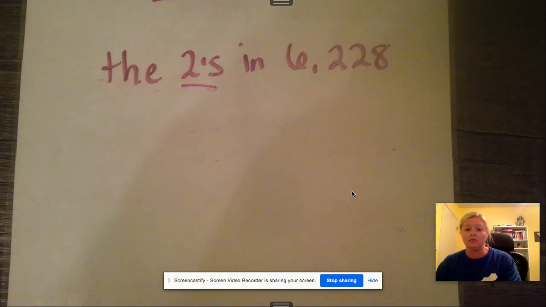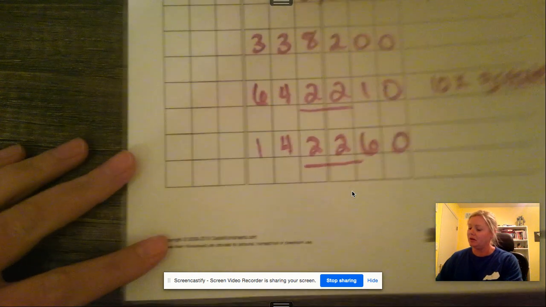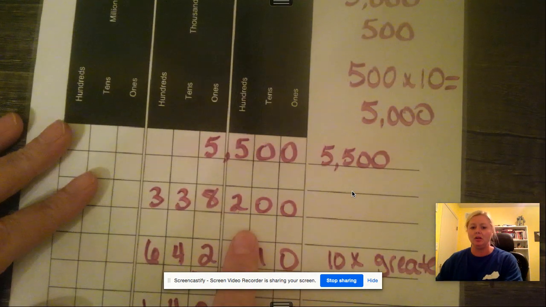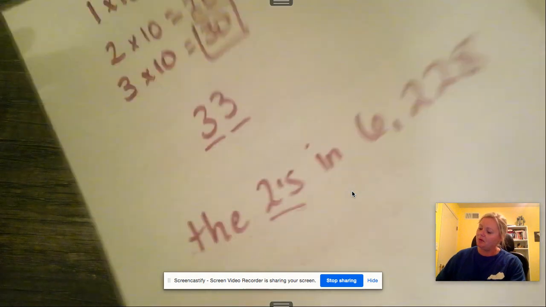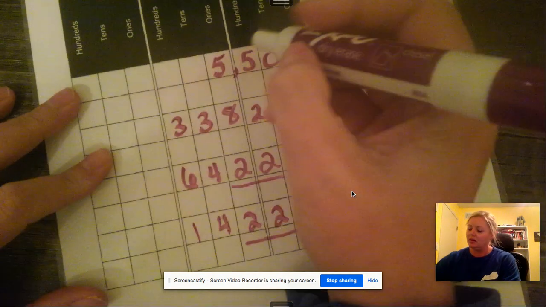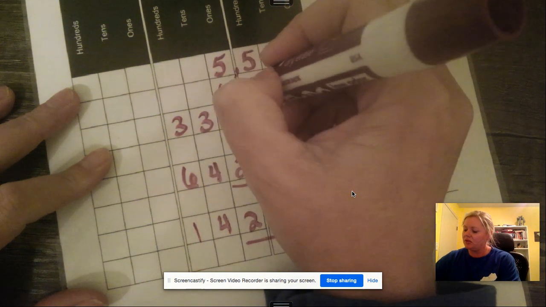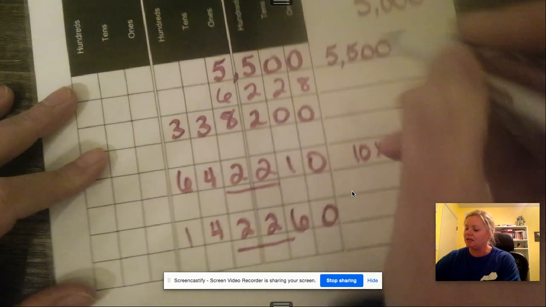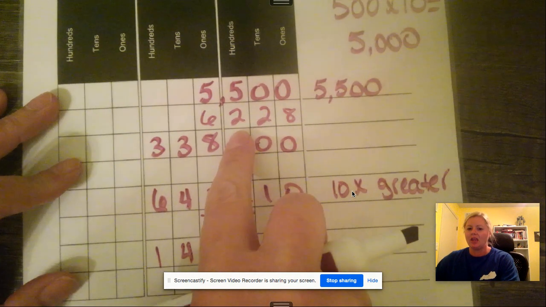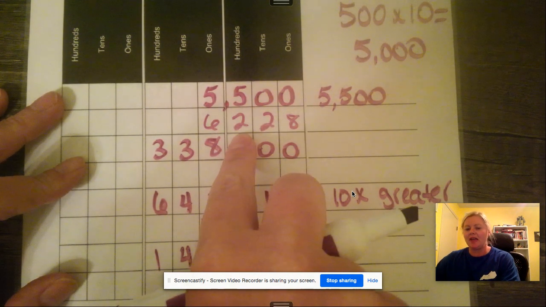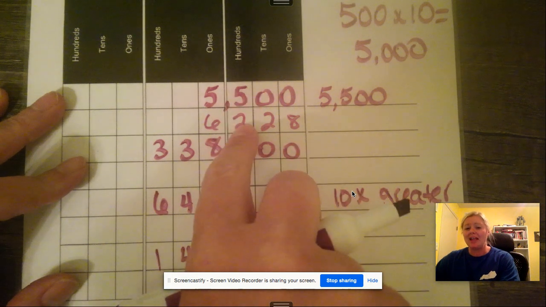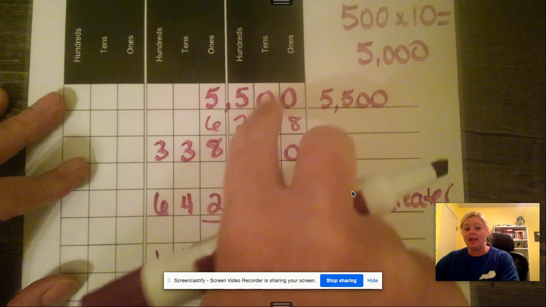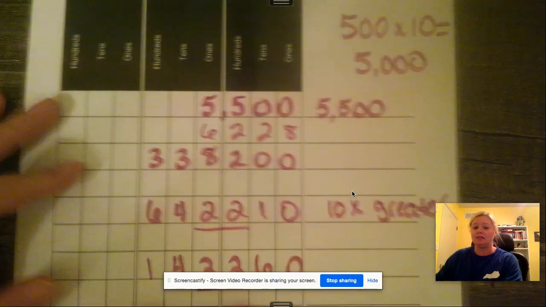Well, if I were to flip my paper over, this is kind of full, but I've got a little space right here, so I'm going to write it down. My number was 6,228, right here. So I'm going to look at this, and I have my hundreds place, and I have my tens place, I have 2 hundreds, and I have 2 tens.